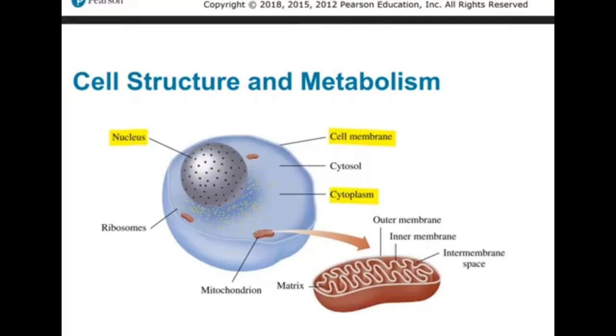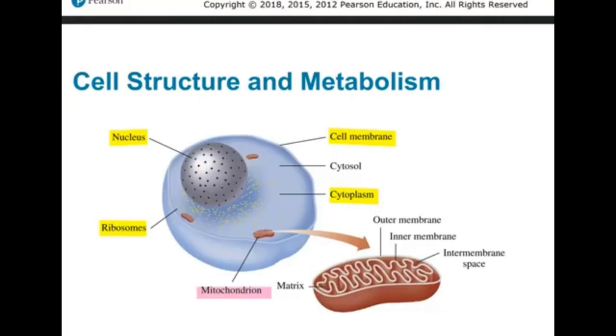Cytoplasm is cytosol, the goo, plus all the cellular organelles, and ribosomes. Okay? Most human cells, not all of them, but most human cells, also have mitochondria, which indeed is the powerhouse of the cell. Mitochondria is the place where ATP is synthesized.